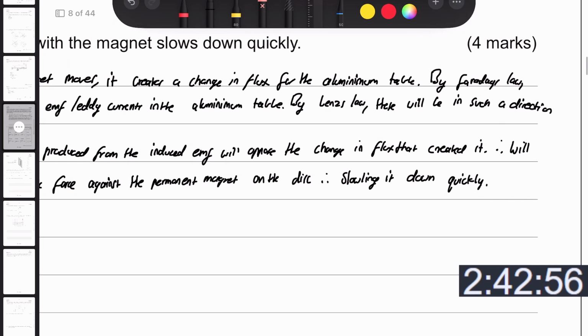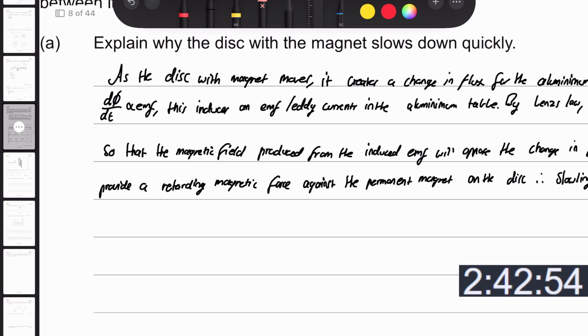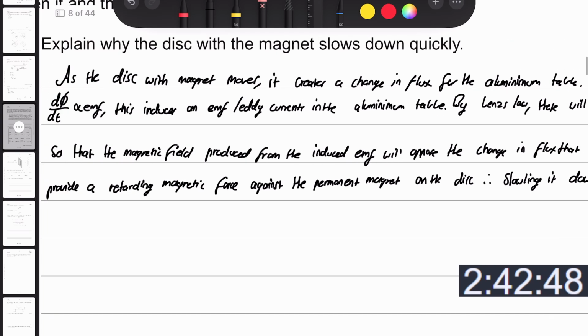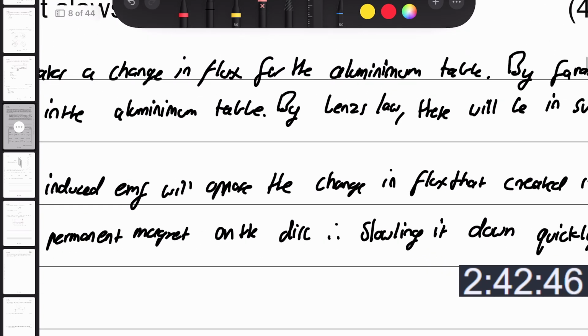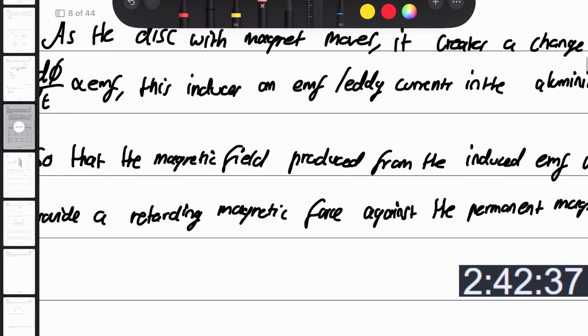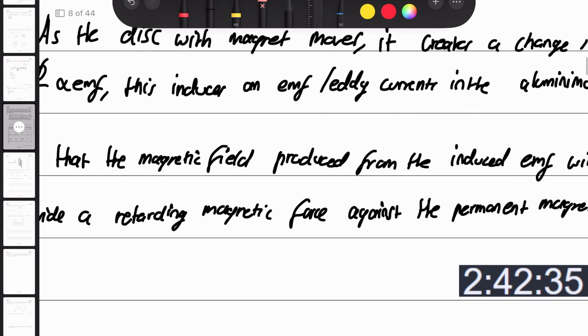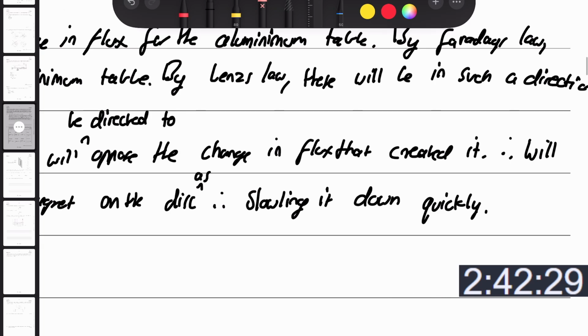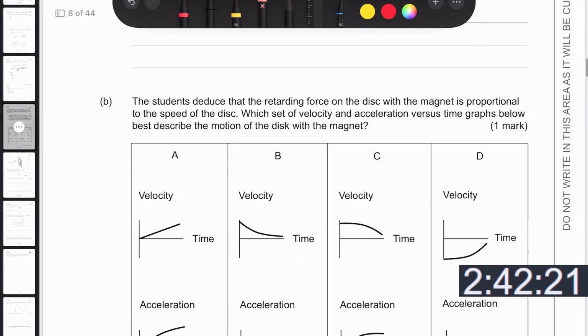Oppose the change in flux that created it, therefore provide a retarding magnetic force against the permanent magnet on the disc. It will be in such a direction, therefore firing force as the magnetic fields interact. Slowing it down quickly.